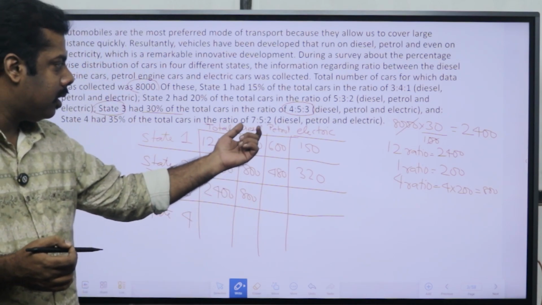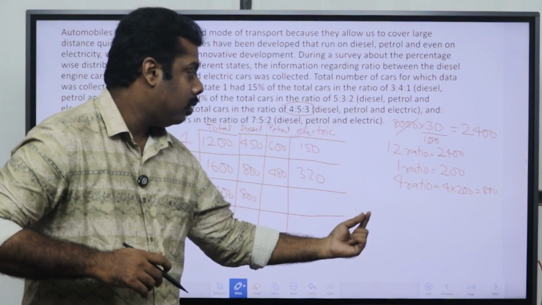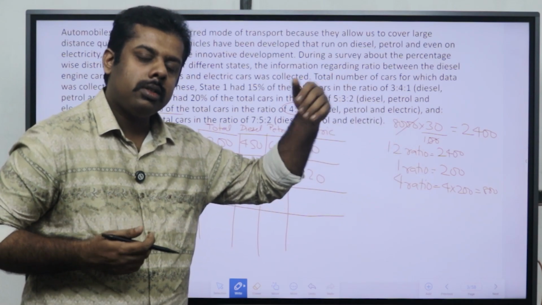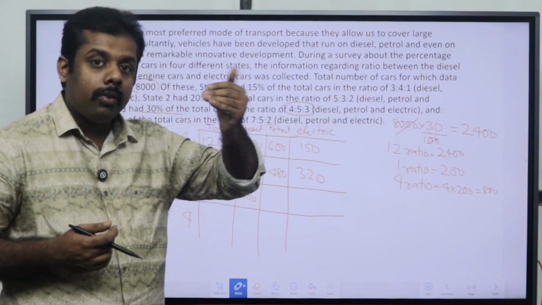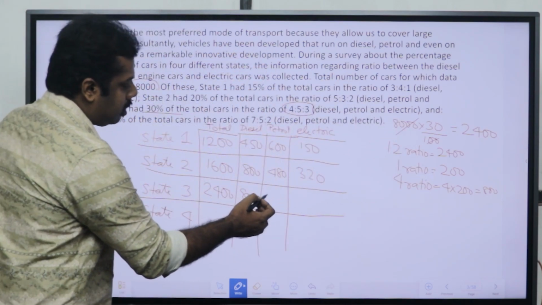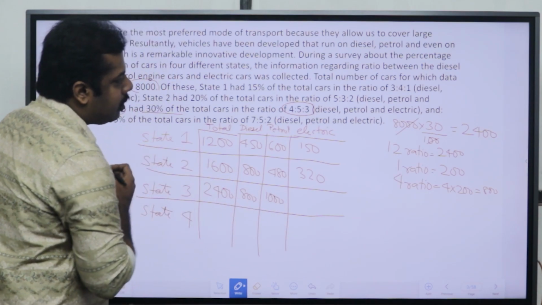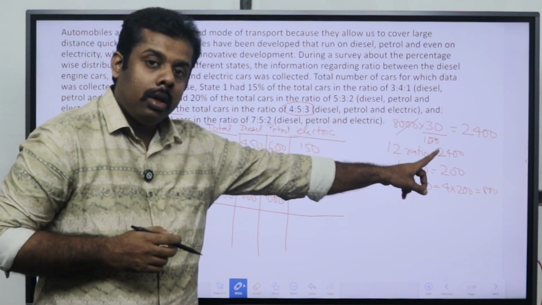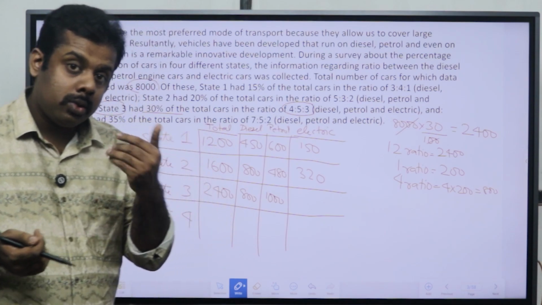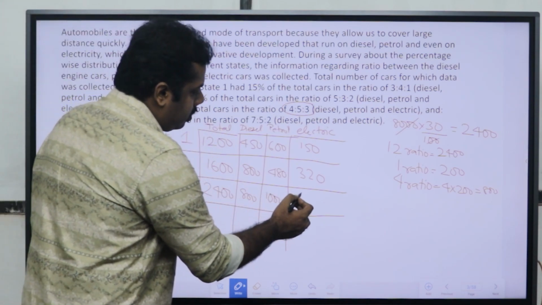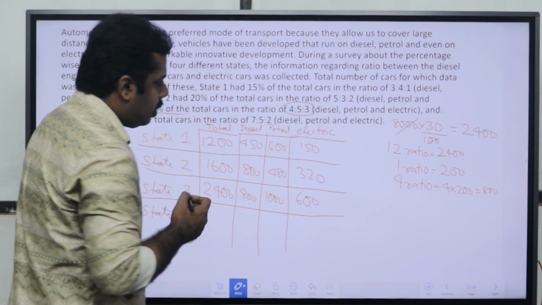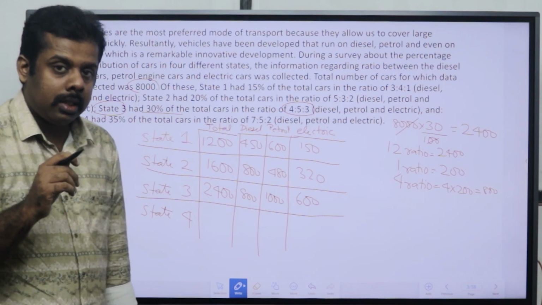Now for petrol, that is 5 ratio. 5 into 200 is 1000. Now the last one, electric, it is 3 ratio. 1 ratio is 200, so 3 ratio has to be 600. So I think we have got the data for state 3 as well.